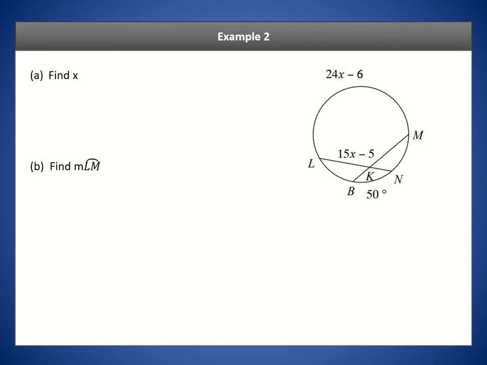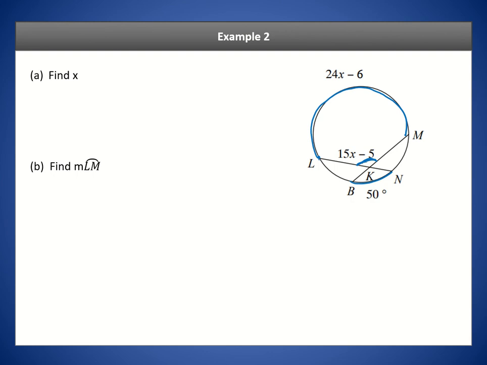All right, let's look at another example, this time with variables all around here. So we know that this angle here is 15x minus 5, and we know by the theorem 10.10 that this arc here and this arc on the other side, if I add those up and divide by 2, should give me this angle here.